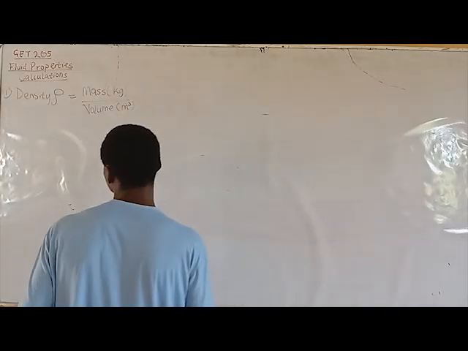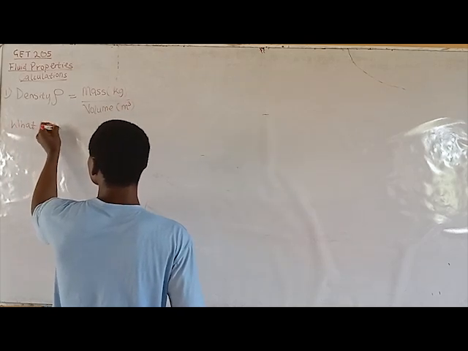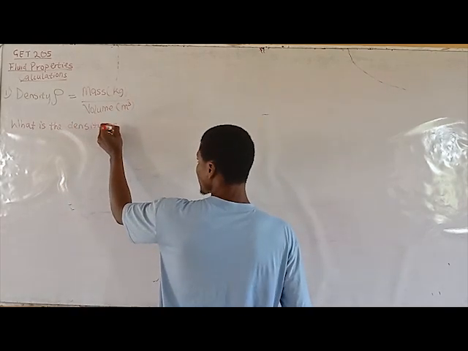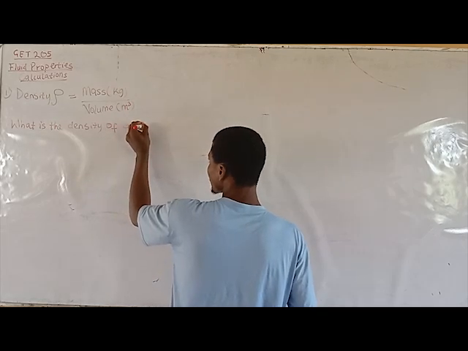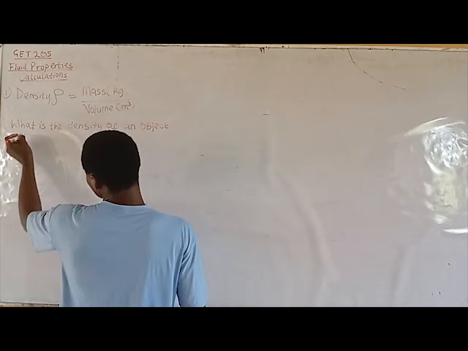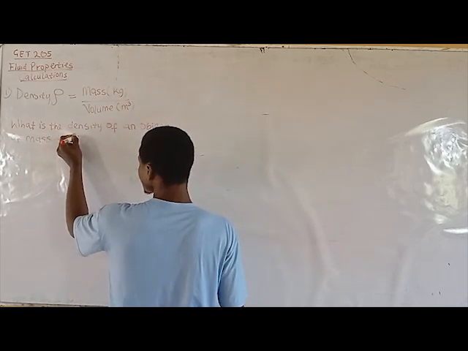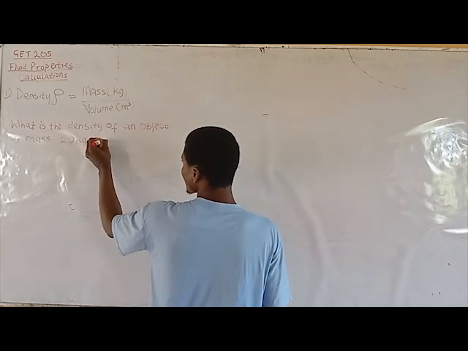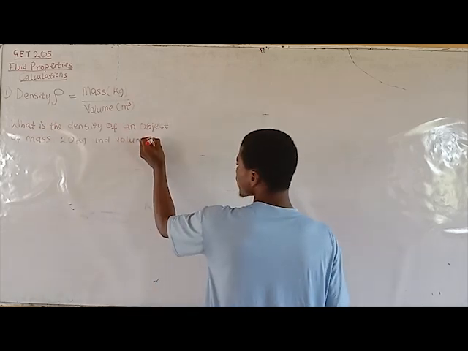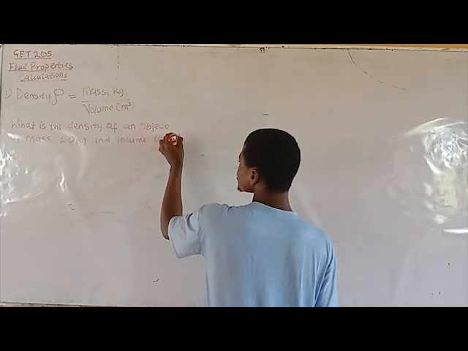Our first question says, what is the density of an object of mass 20 kilogram and volume 0.4 meters cube.